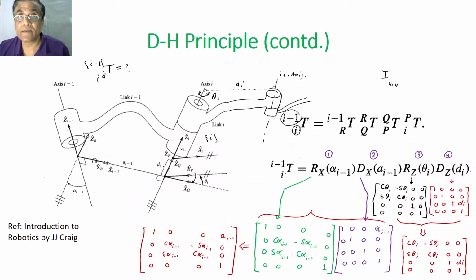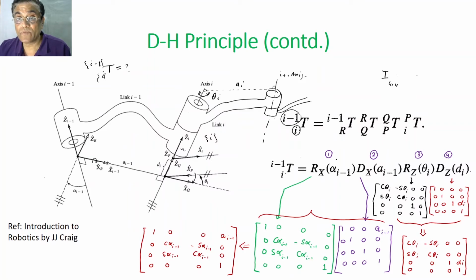I minus 1, let us consider it as an inertial coordinate frame, and the I coordinate frame is a body coordinate frame. Okay. Now, as you know, whenever you give a transformation about or along any of the body coordinate frame axes, then matrices will be post multiplied. Okay, so what about 3 and 4? 3 and 4 will be post multiplied.